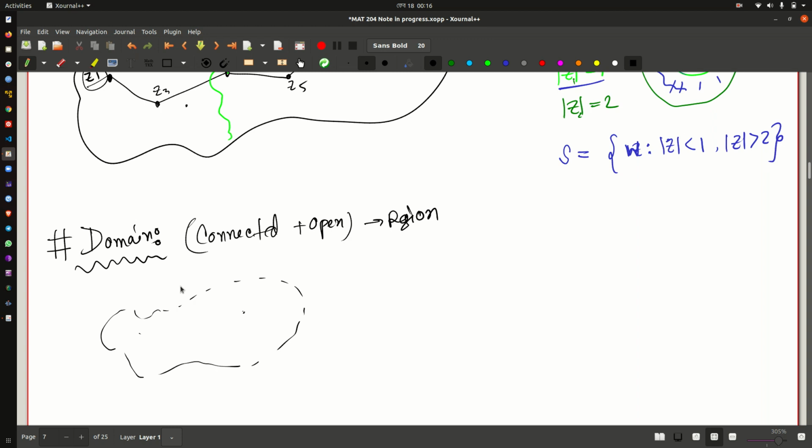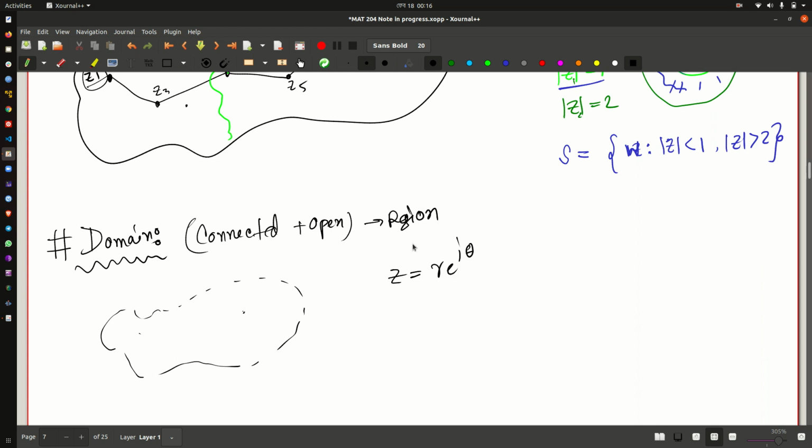So the domain doesn't have any boundary points, and the reason I'm emphasizing this is that, let's say you want to define a domain for some functions. Let's take the very simple bookish example like this.